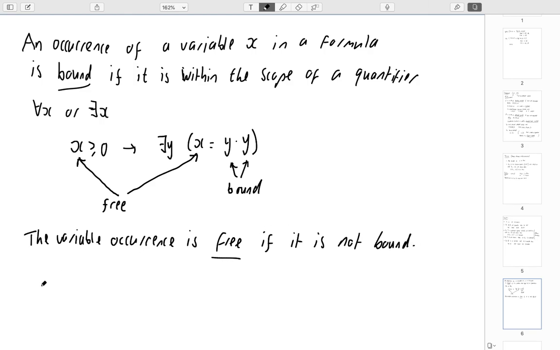And a formula is called a sentence if none of its variables occur free. So, sentence if no variable occurs free.